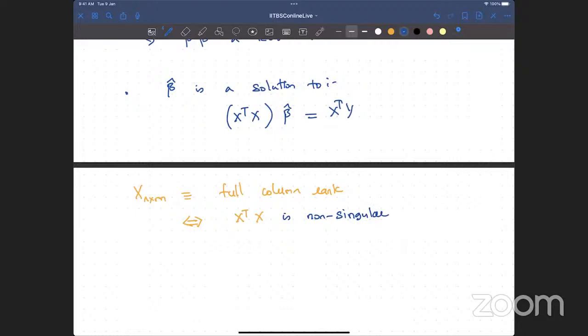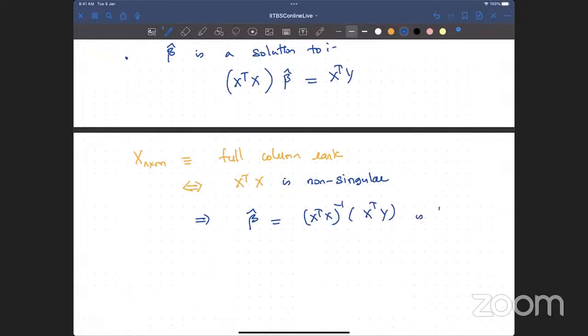That means that beta hat equals (X transpose X) inverse times X transpose Y is the unique solution, the unique least squares estimate. That's a very, very powerful result.